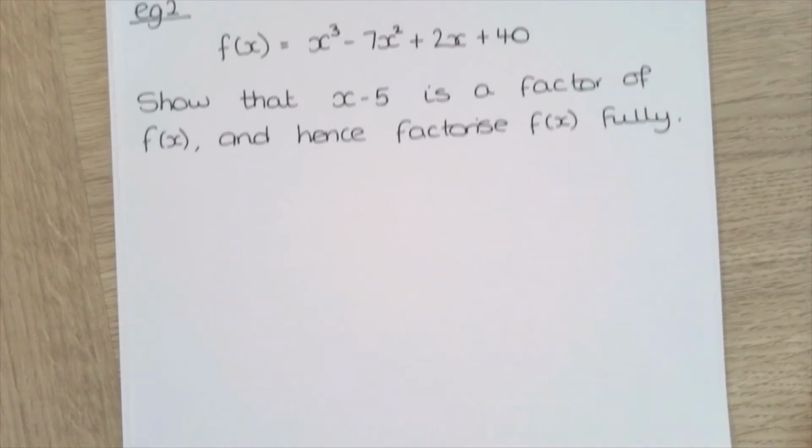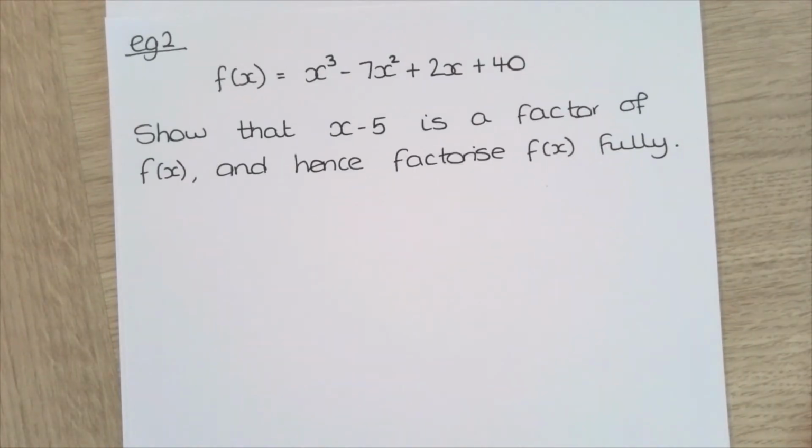Second example I have got for you is this: f of x equals x cubed minus 7x squared plus 2x plus 40. Show that x minus 5 is a factor of f of x, and hence factorize fully.